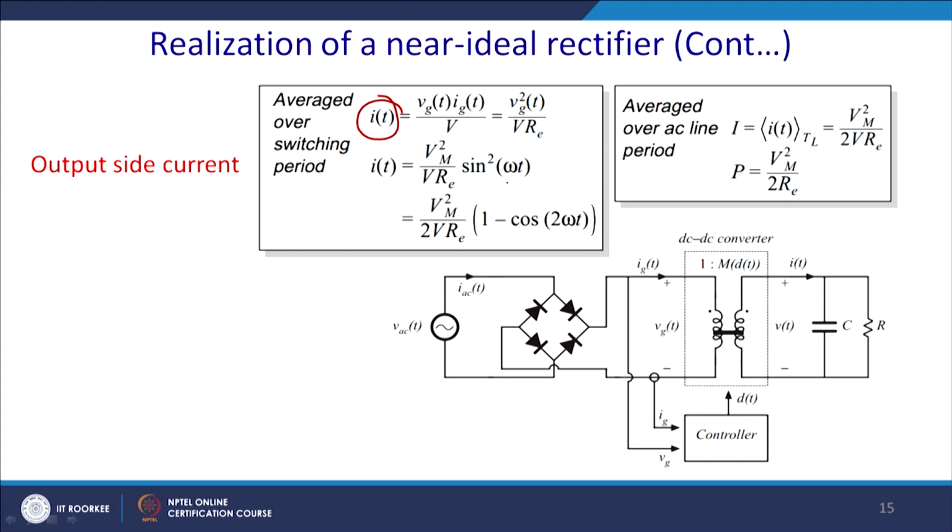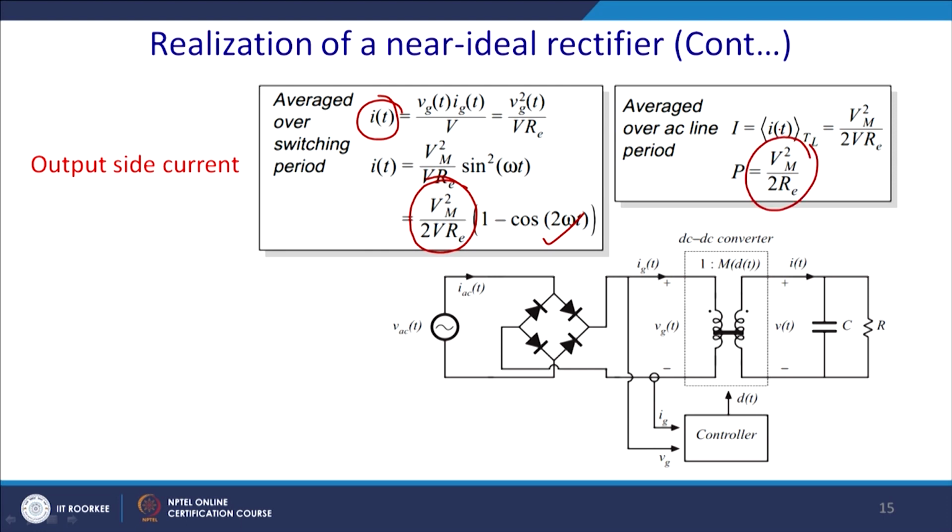Since it is rectified we have double frequency oscillations, and thus we will find that current will have a double frequency ripple, that is V square m by 2 V Re. This part is essentially DC, but you have 2 omega t with cos, that will be giving you the double frequency ripple, and the average over the AC line period will be V square m by 2 V Re.